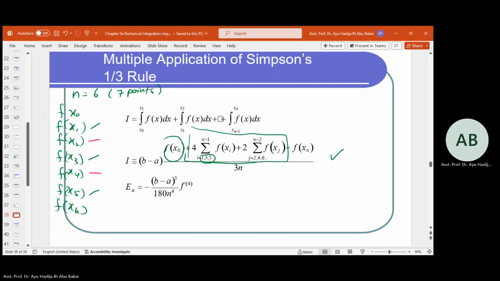Why is 6 not included? For this part, it involves 2 and 4 only. Should we include 6 or not? No, because 6 is the final point, xn, final f(xn). So this f(x6) is the f(xn), the final point.